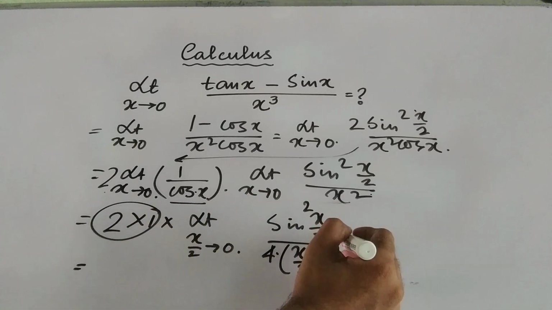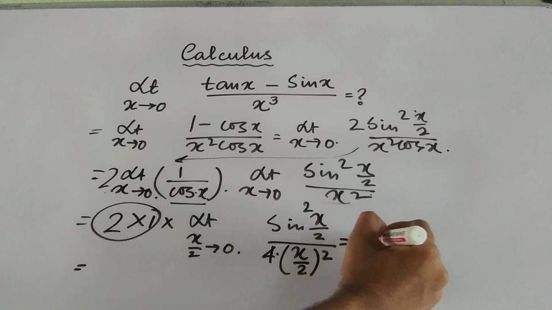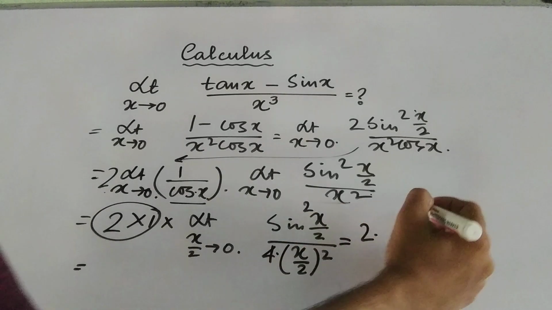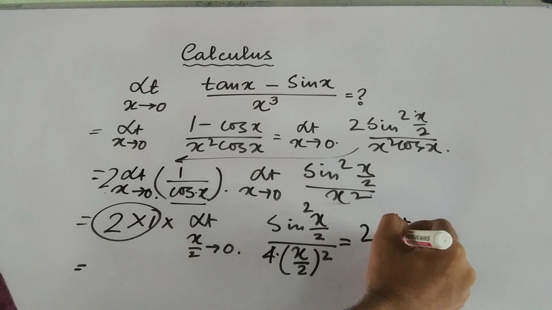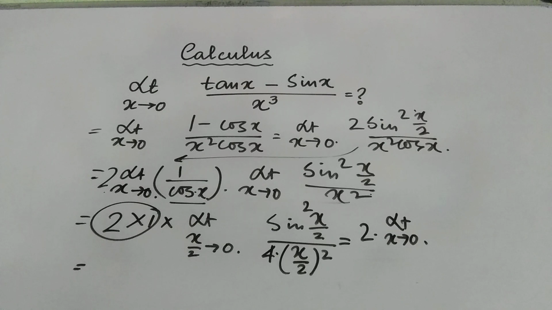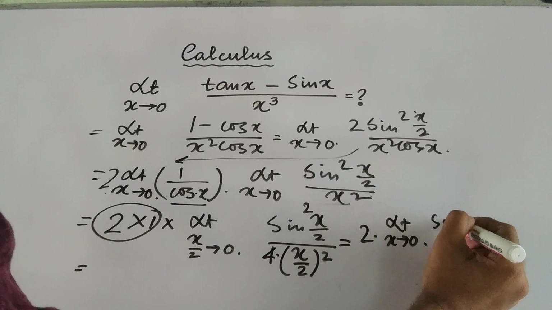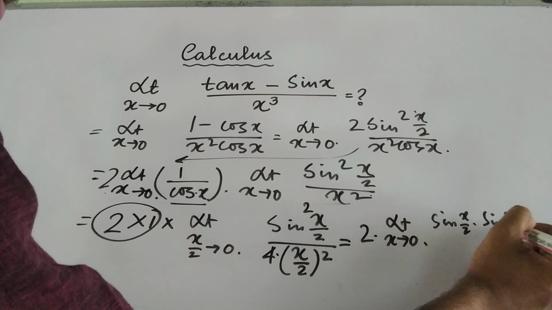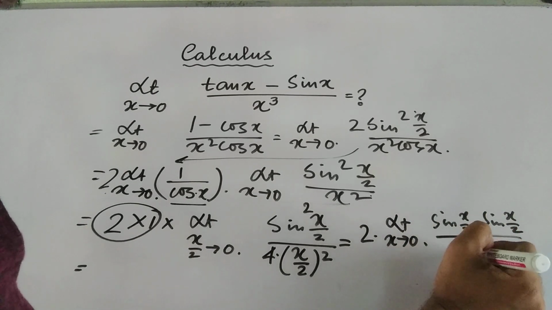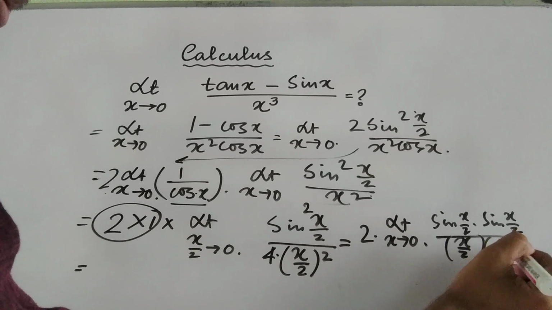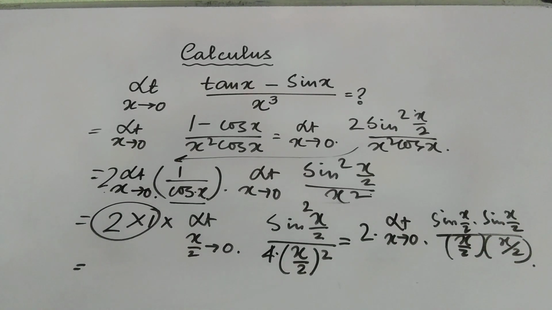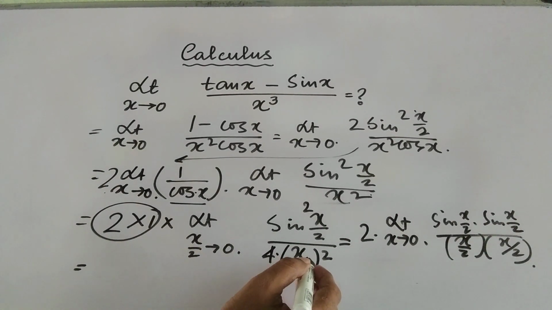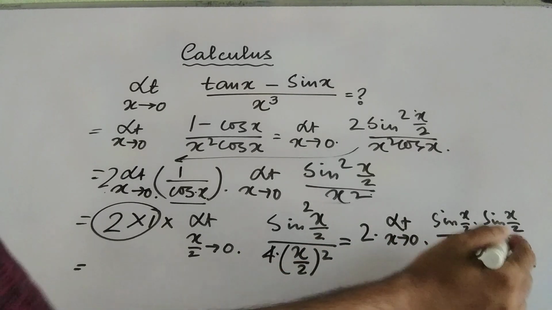Finally the expression becomes 2 into limit x by 2 tends to 0, sin square x by 2 can be written as sin x by 2 into sin x by 2 divided by x by 2 into x by 2, right? Because x square by 4 can be written as x by 2 into x by 2.